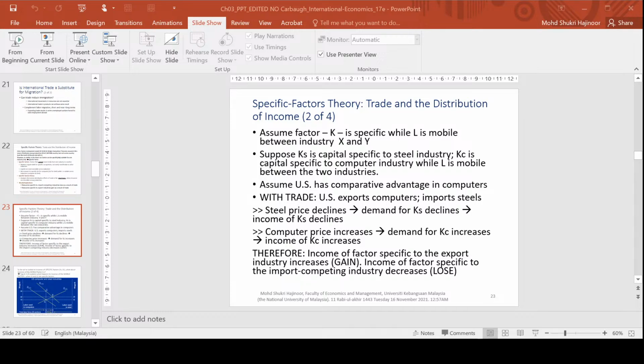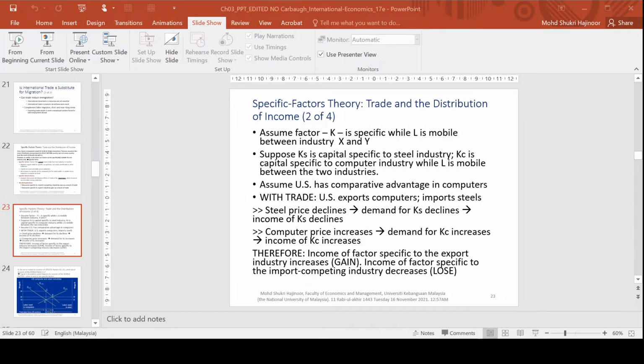KS: K capital, S steel. And KC is capital specific to the computer industry. On the other hand, L is mobile between two industries, can move from steel to computer and vice versa.